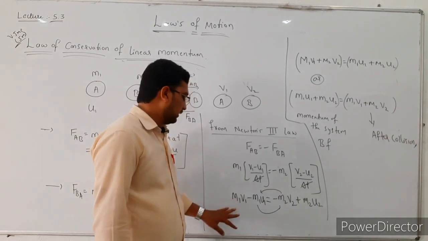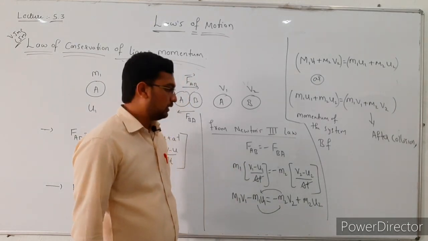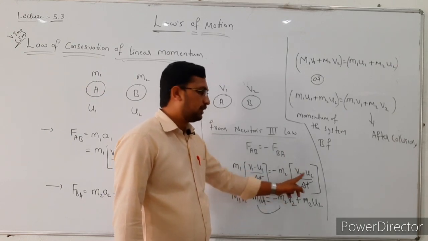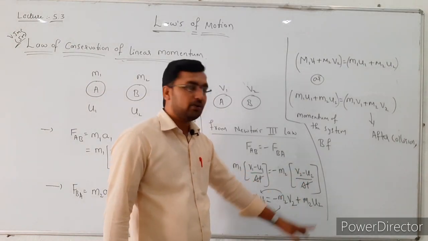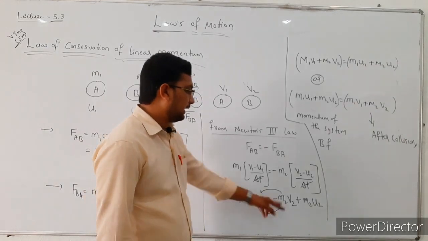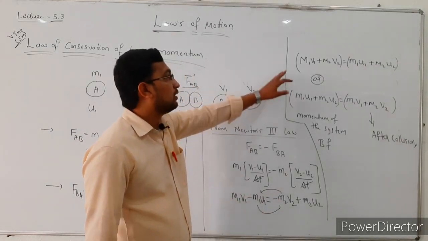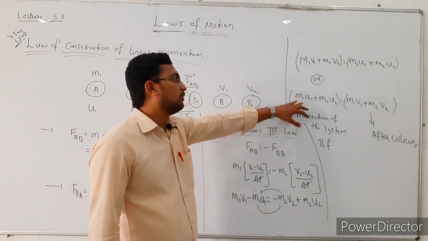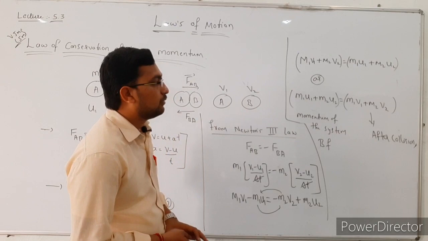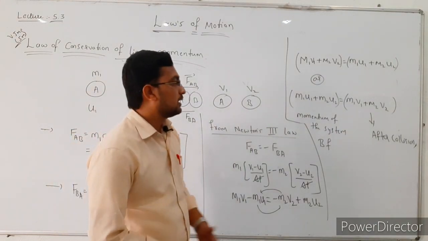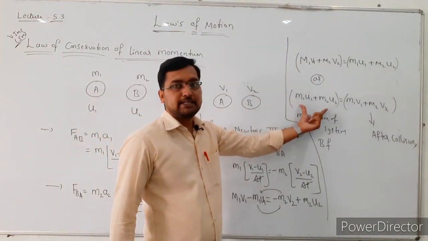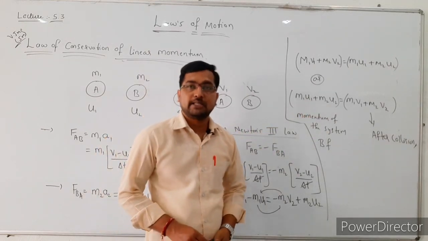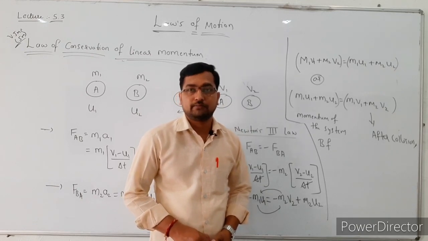Multiplying this out, m1 v1 minus m1 u1 is equal to minus m2 v2 plus, minus into minus is plus, m2 u2. Rearranging the terms, m1 v1 plus m2 v2 is equal to m1 u1 plus m2 u2, or m1 u1 plus m2 u2 is equal to m1 v1 plus m2 v2. So this is the total momentum of the system before collision, which is equal to the total momentum of the system after collision.